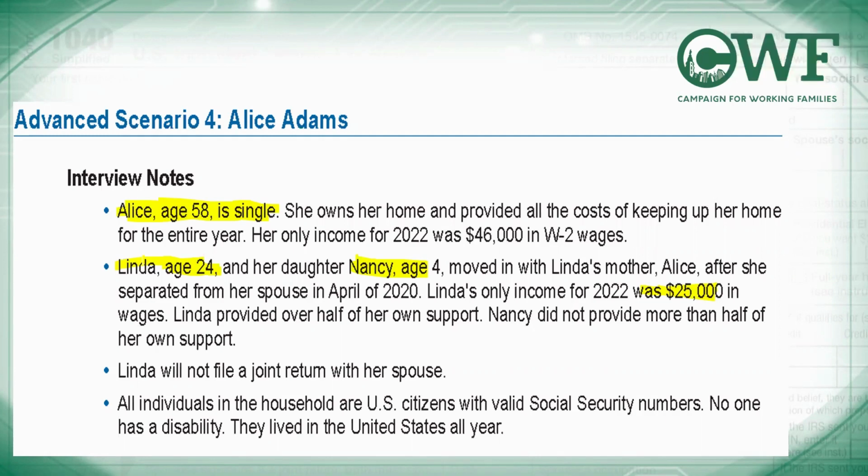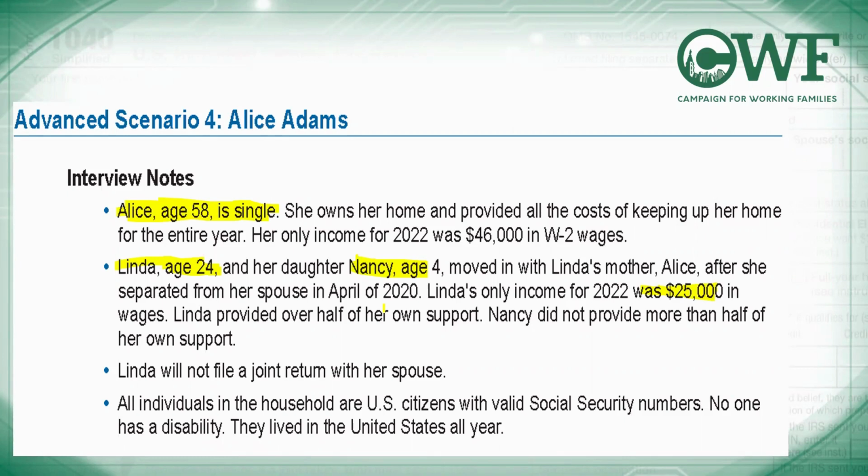So now the conversation goes, who is going to get the most benefit from claiming this kid? Would Alice get the most benefit because she can get head of household and claim this kid? Or would Linda get the most benefit because she's doing married filing separately and claim this kid? Linda, I would believe, because Linda has to file married filing separate, so she loses a lot of benefits.